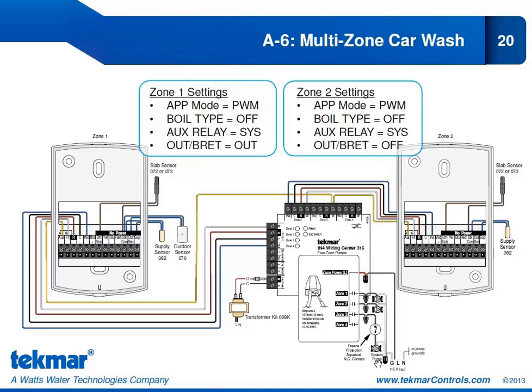Now we want that system pump to operate continuously whenever we are in melting, idle, or storm. So the auxiliary relay from Zone 1 will come into the W on Zone 3, and the auxiliary relay from Zone 2 is also coming into that same W. So that means whenever either one of those 654s is in melting, idling, or storm operation, we are going to be operating this system pump.